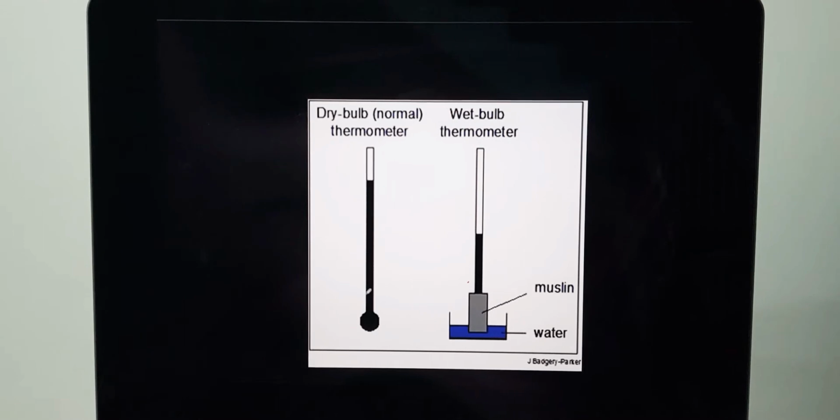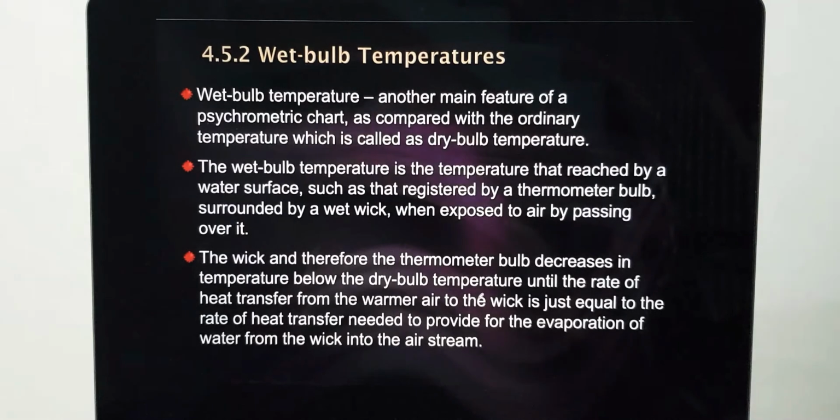For the dry bulb thermometer, basically the mercury bulb is not covered. But for the wet bulb thermometer, the bulb over here is covered and submerged in water first in order to wet this particular cloth, okay, muslin cloth. The wick and therefore the thermometer bulb will decrease in temperature below the dry bulb temperature until the rate of heat transfer from the warmer air to the wick is just equal to the rate of heat transfer needed to provide for the evaporation of water from the wick into the airstream.